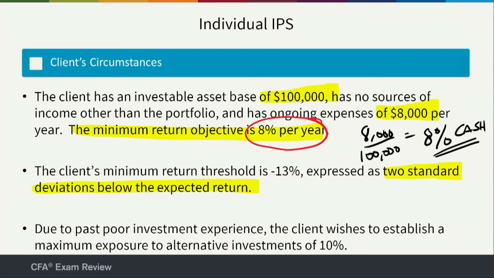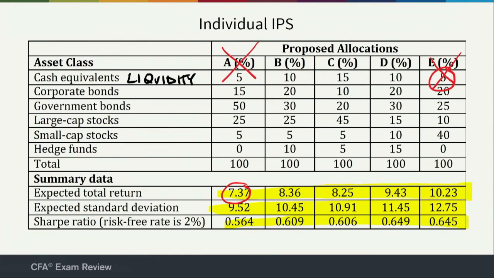So due to past performance, the client wishes to establish a maximum exposure to alternative investments of 10%. Let's go back and see if there's any exposure to alternative investments that's greater than 10%. And you can see right away, if we take a look at hedge funds here, hedge funds would be our only exposure to alternative investments.